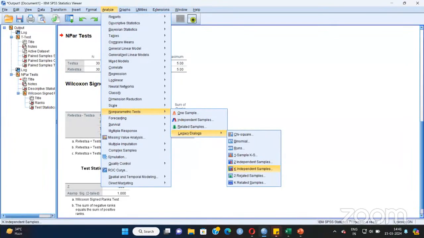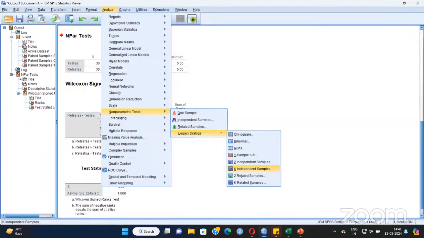Okay. This is the non-parametric. Whether I have discussed this one? No, sir. Independent t-test, I think you have understood, right? Yes, sir. So this is the non-parametric test.